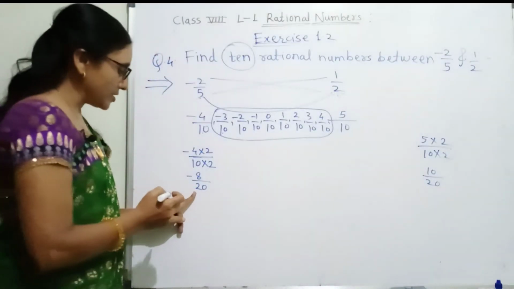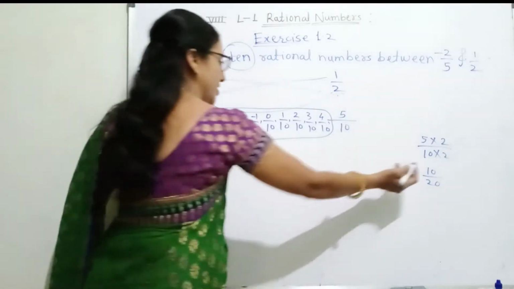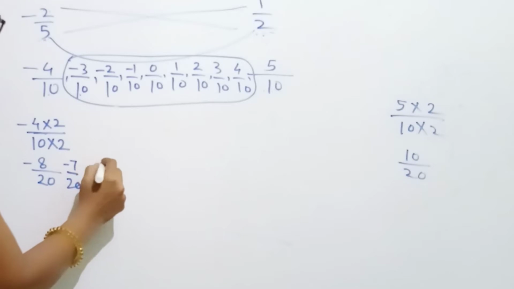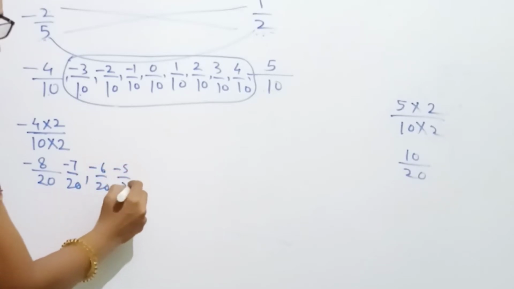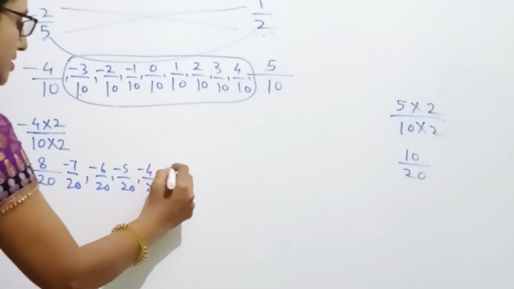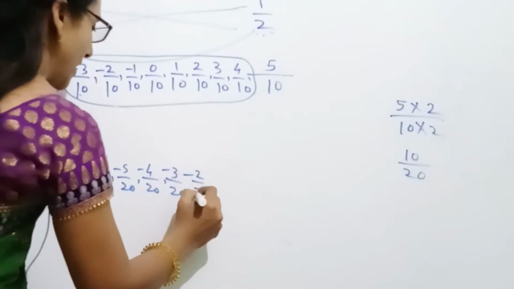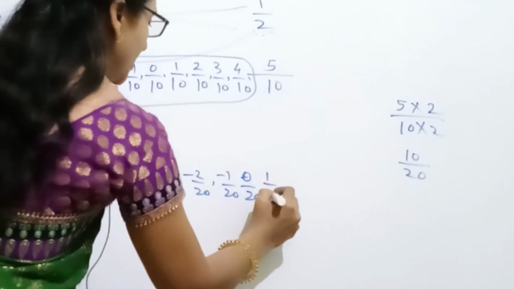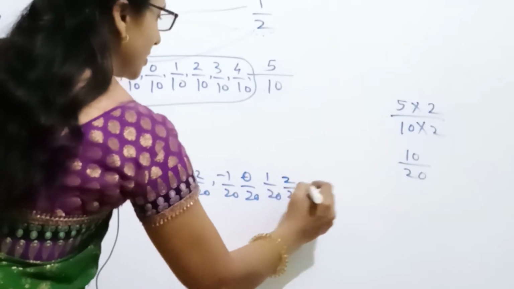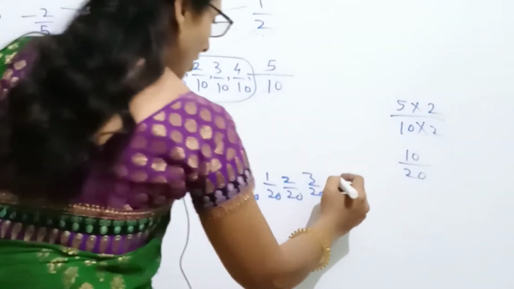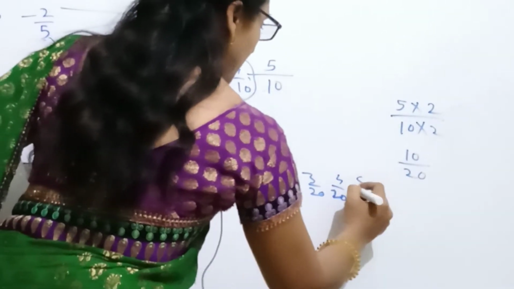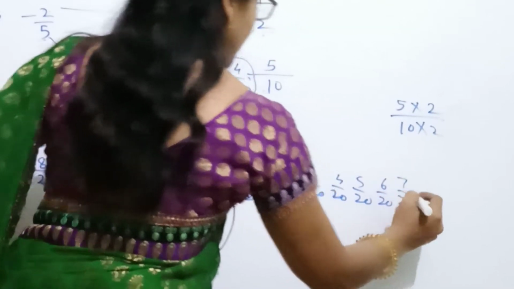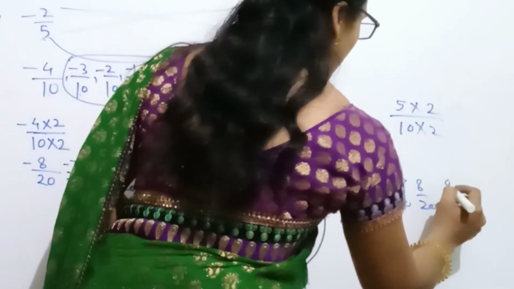Now the rational numbers between minus 8 by 20 and 10 by 20 are minus 7 by 20, minus 6 by 20, minus 5 by 20, minus 4 by 20, minus 3 by 20, minus 2 by 20, minus 1 by 20, 0 by 20, 1 by 20, 2 by 20, 3 by 20, 4 by 20, 5 by 20, 6 by 20, 7 by 20, 8 by 20, 9 by 20.